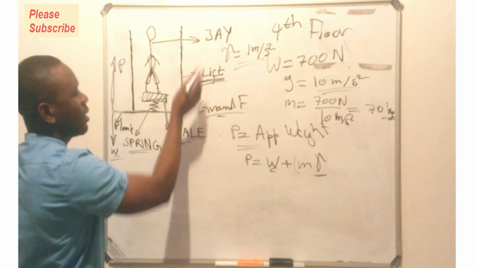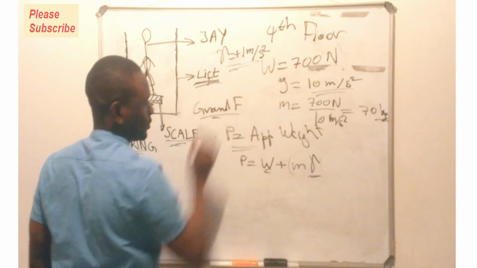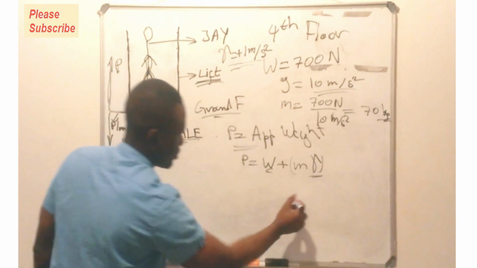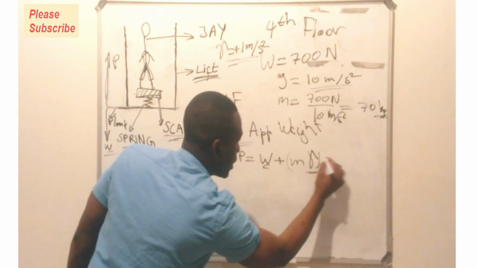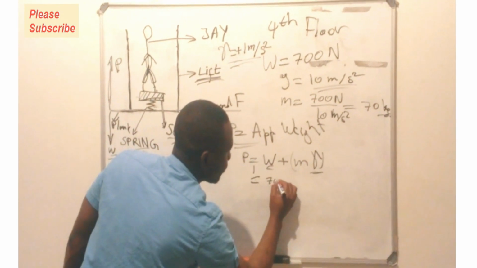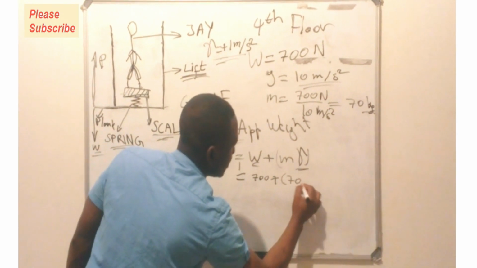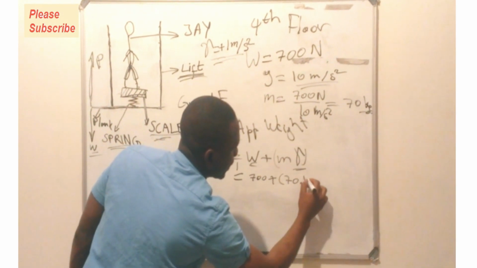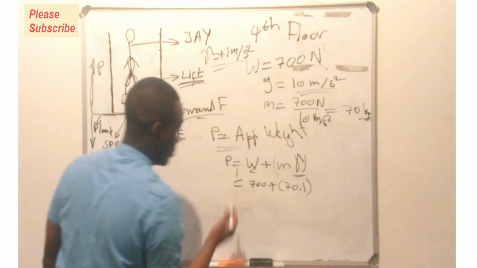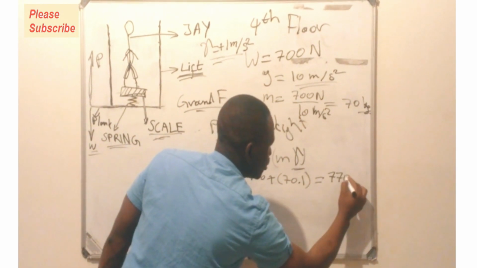Since the lift is going up, our acceleration is positive. So here we go: the apparent weight is 700 plus 70 multiplied by 1 meter per second squared, which is equal to 770 Newton.